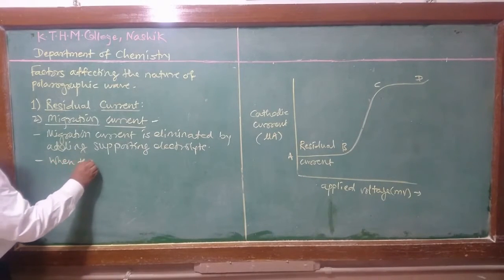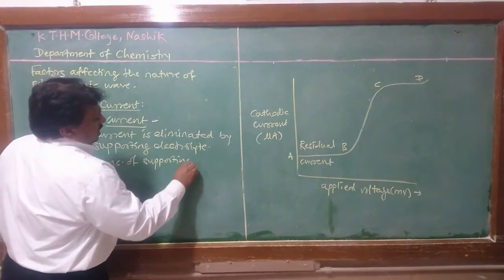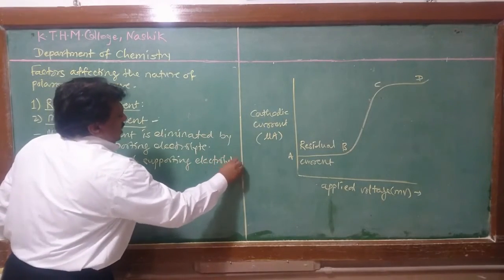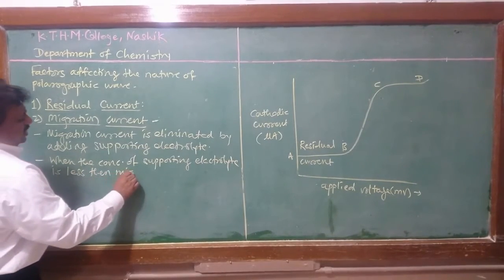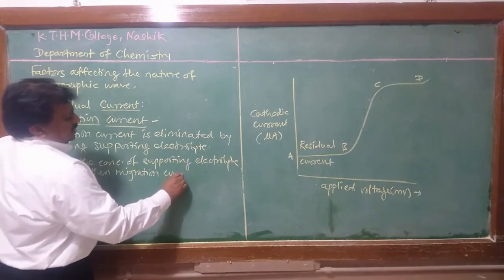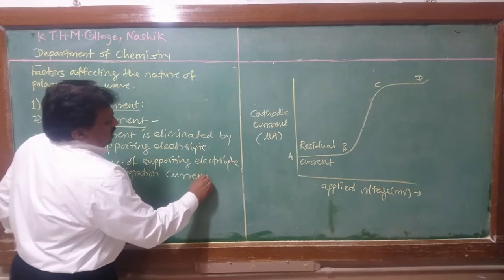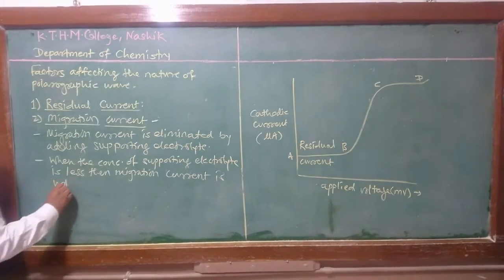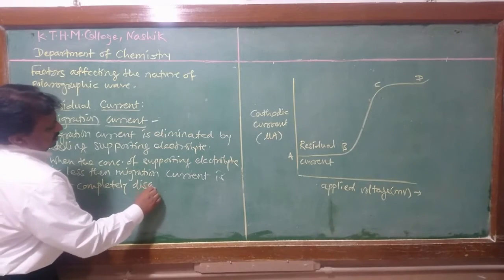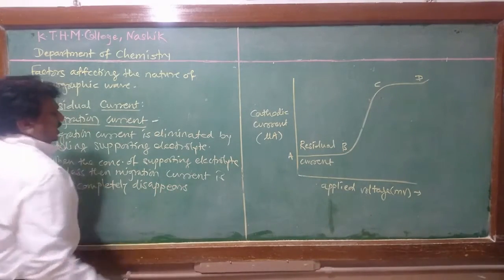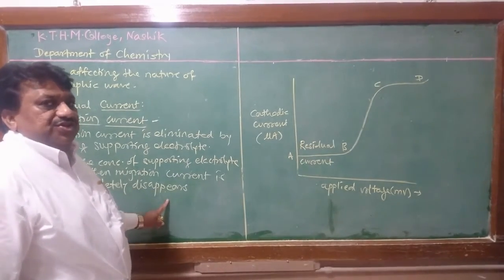When the concentration of supporting electrolyte is less, then the migration current does not completely disappear, and it gets added into the cathodic current of the analyte, and hence there is error in the measurement.